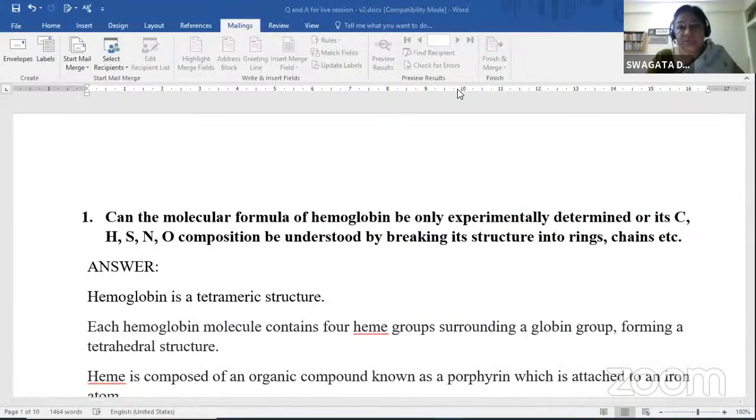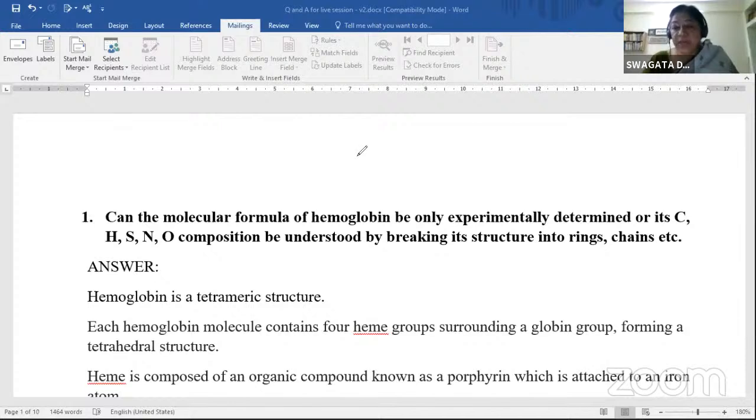I will share the screen and try to explain the queries that some of you had relating to the different structural aspects, the course aspects, and also the exam propositions.